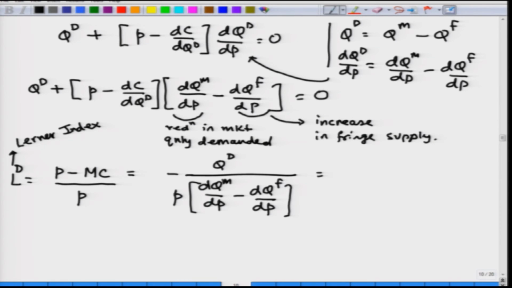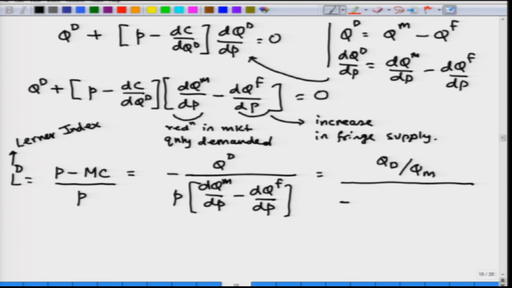So, I have minus QD. Let's simplify this further. Let us say I have a QD; let me divide it by QM on both the numerator and the denominator, you will see why in just a moment, and let me take the minus sign inside here.